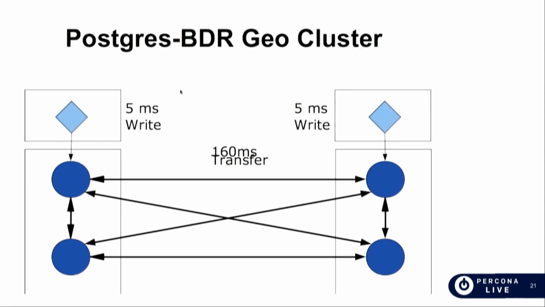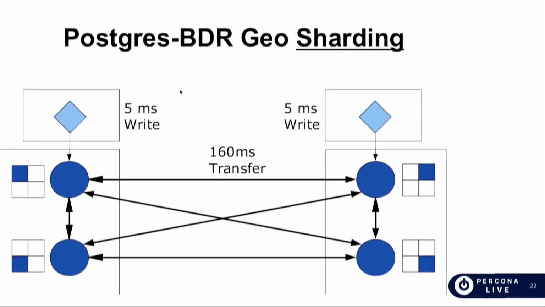One of the other features that we built into Postgres BDR is a form of sharding, because you can define some tables as being replicated and some tables as being stored on the local node. This is very useful for an Internet of Things type of sharding, where instead of building a cluster with multiple nodes in one place, you spread the nodes out across the whole world.